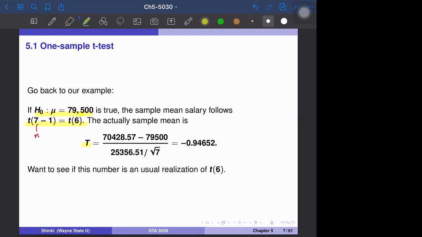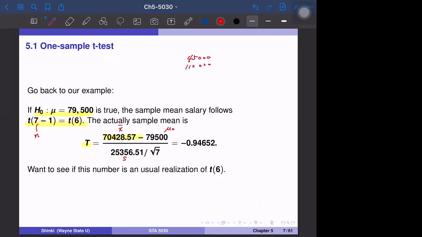You can see this is x bar, and this is our hypothesis mu naught, and this is standard deviation 25,000. So this is typical. This standard deviation is the typical deviation from the mean. And we have seen that all observations are from 55,000 to 110,000.